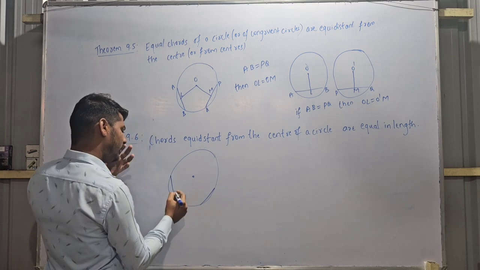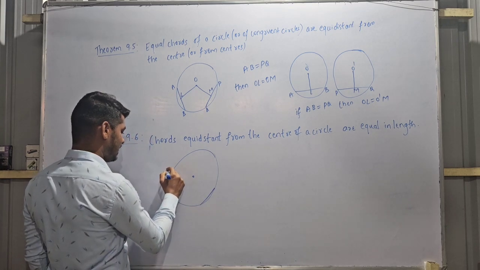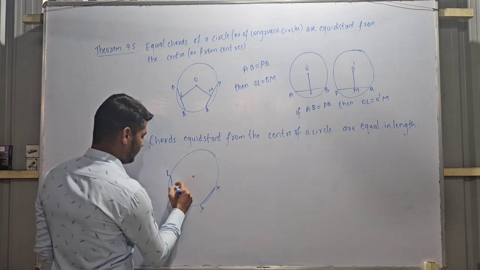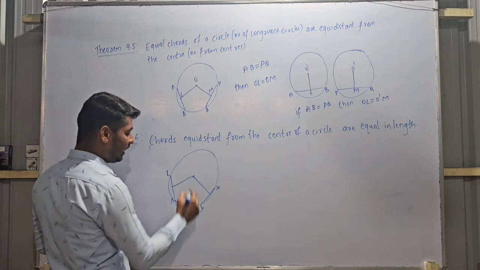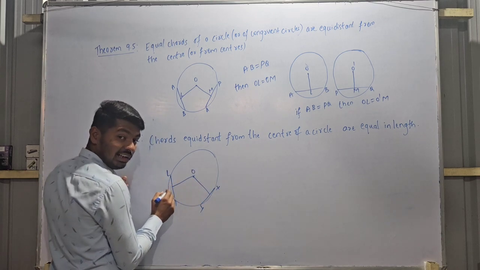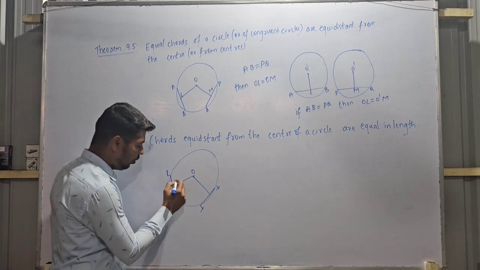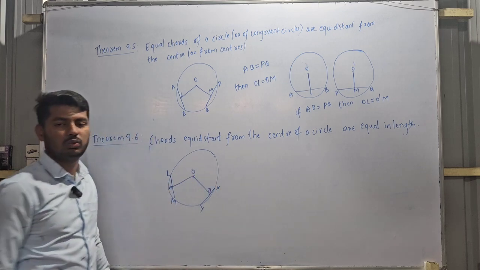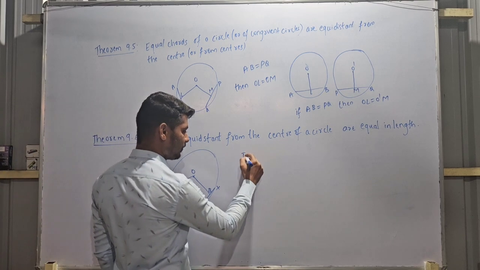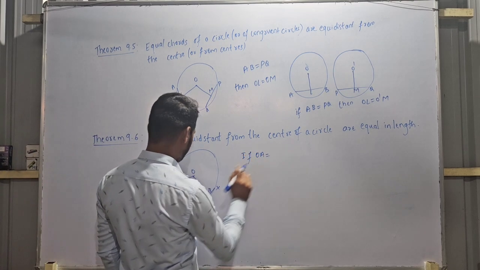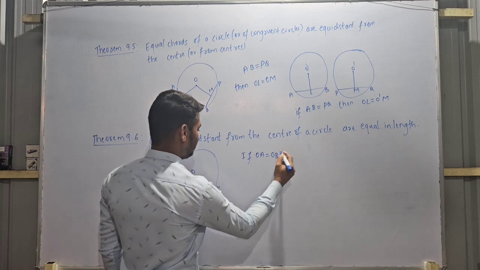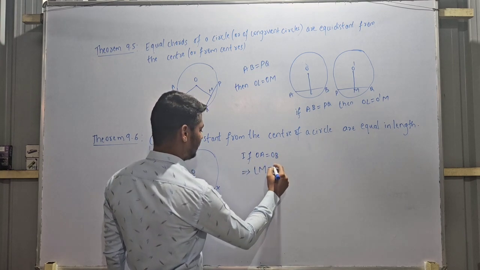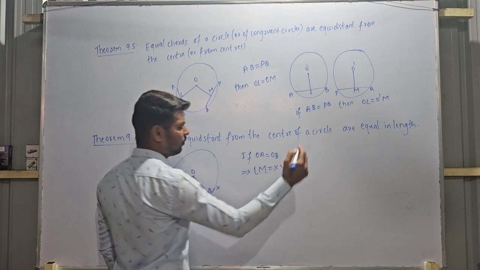Here I will take this as L and this M and this X and Y. So again, if it is given that OA is equal to OB, then 100% these chords will be equal, that is LM equal to XY.